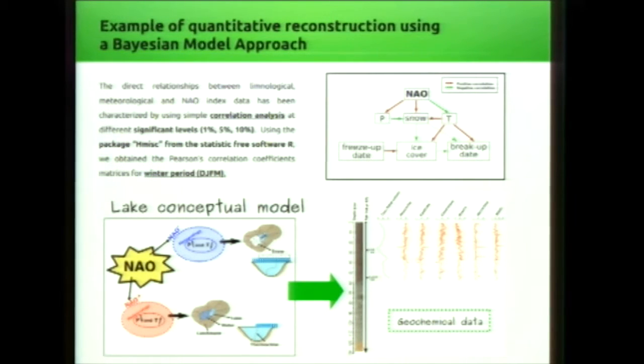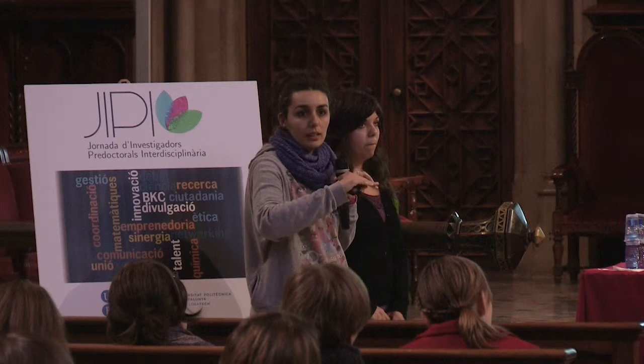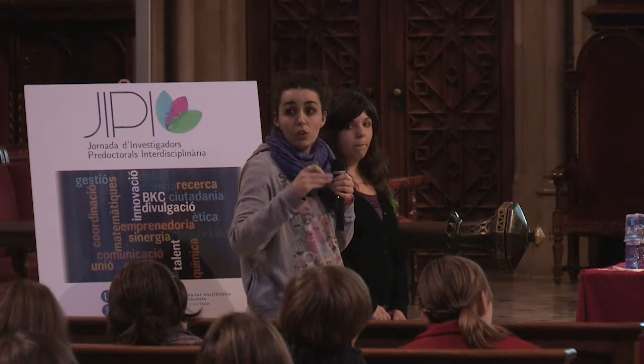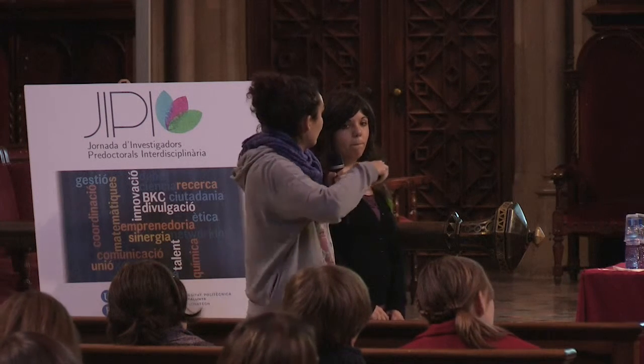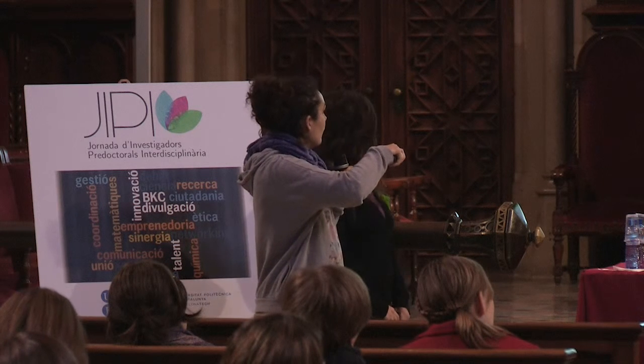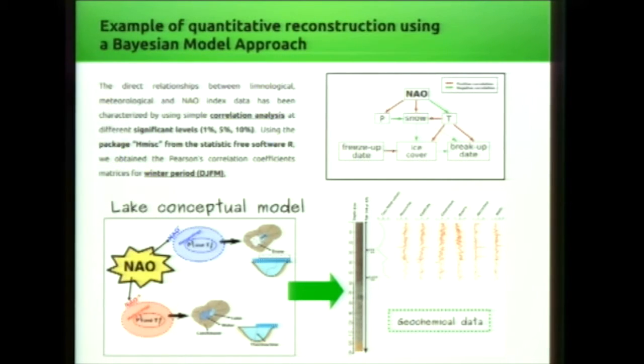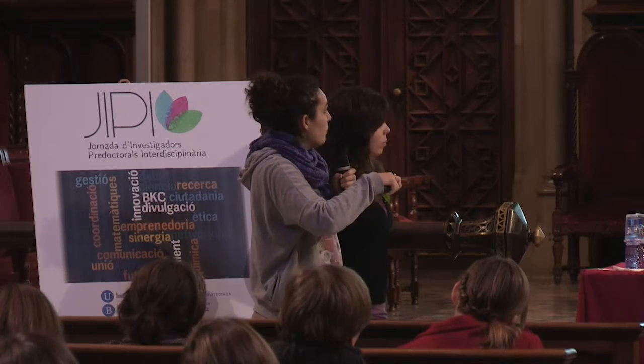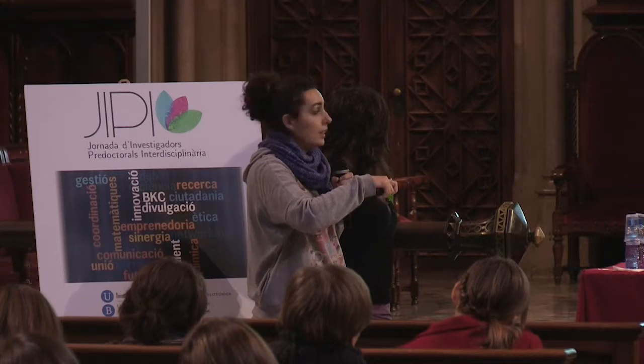So more snow will be accumulated on ice, and the ice cover will last longer due to the isolating effect of snow. And during the positive phase of NAO, there are the opposite weather conditions, and less snow will be accumulated on ice, and the ice cover will last shorter. And all of this will control the input and the characteristics of the sediment.